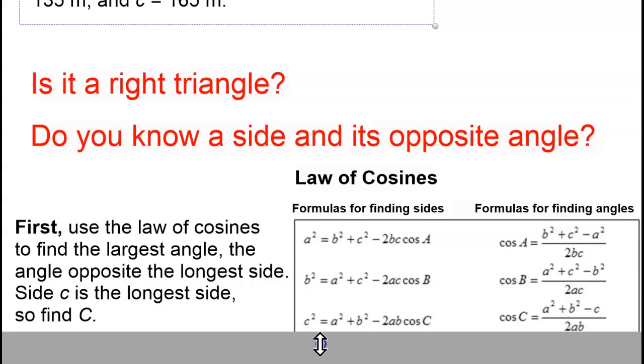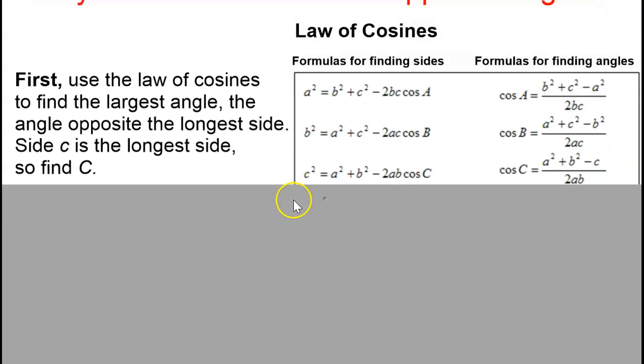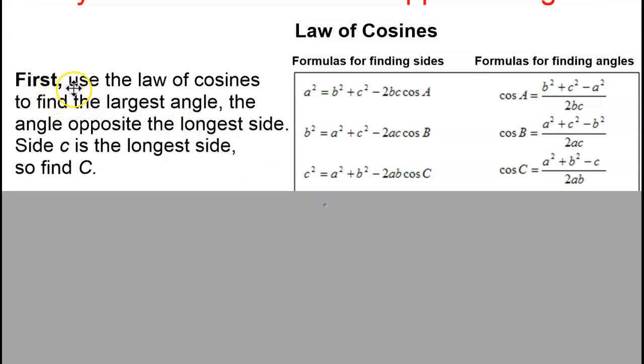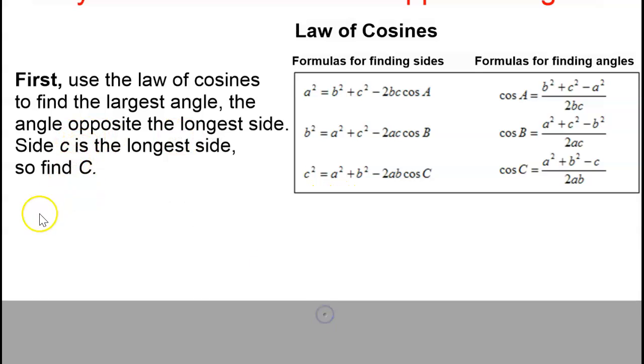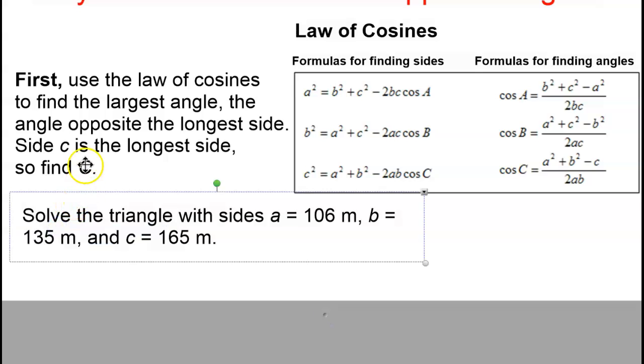So when you're given a problem and it has all three sides, what you want to do is use the law of cosines to find the largest angle, the angle opposite the longest side. You already know the largest side, so you know that the largest angle is going to be opposite that. In this case, we're looking at side A is 106 meters, B is 135 meters, and C is 165 meters.